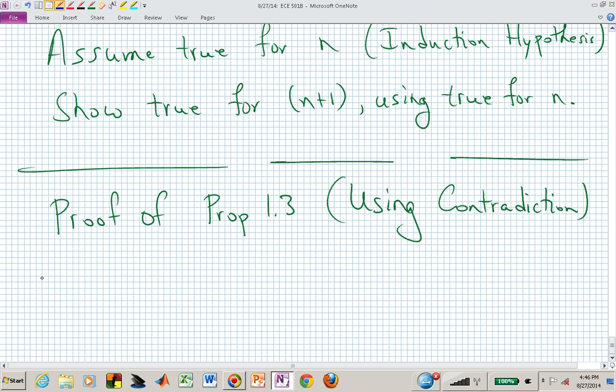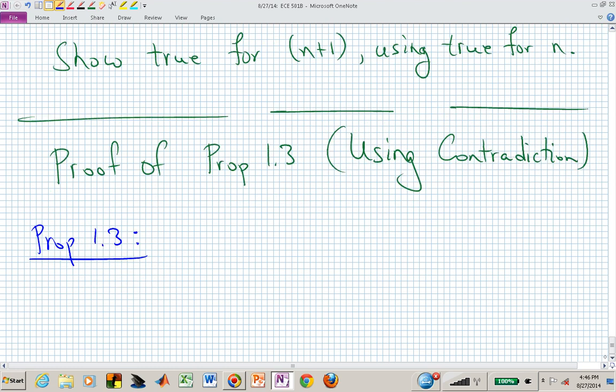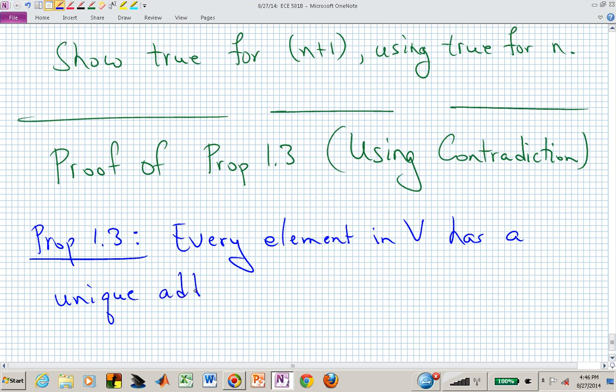Let's just remind ourselves of what we had for proposition 1.3. It said that every element in our vector space, every element in V, has a unique additive identity, or I'm sorry, additive inverse.